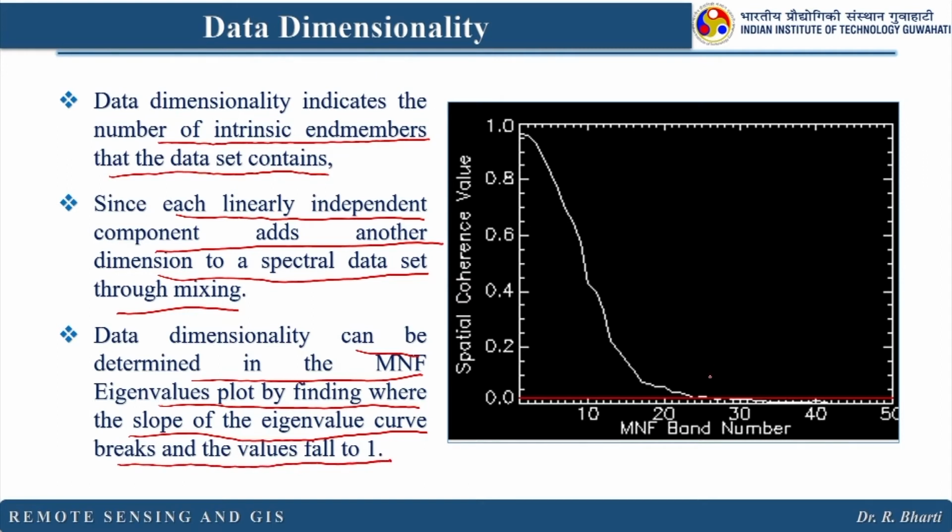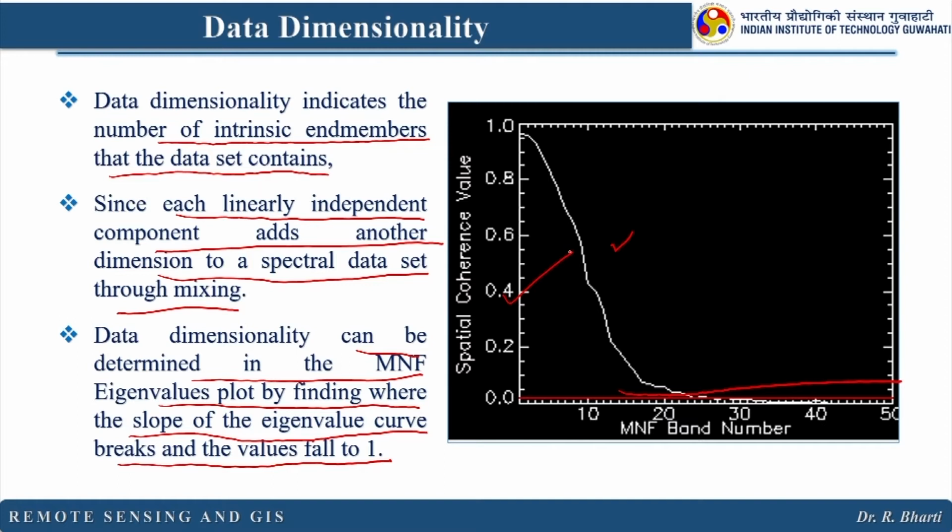So if you see here, it will be somewhere here, right? If you remove the bands which are coming below this line, or you can come up with your own logic that if this is the spatial coherence value, that means band to band correlation will be less. So you have to examine the corresponding image, or the output image, along with this value, right?